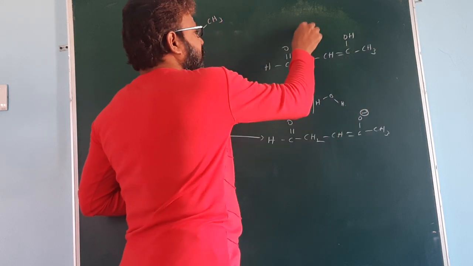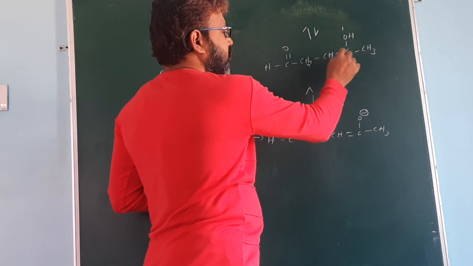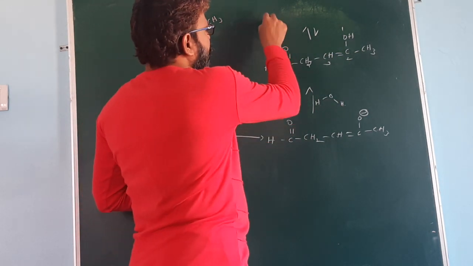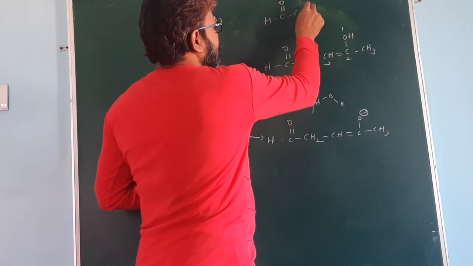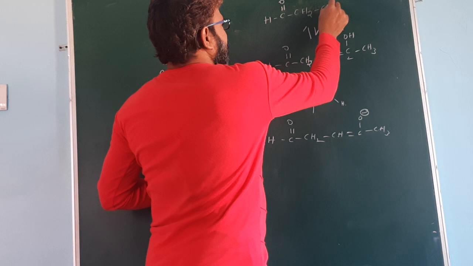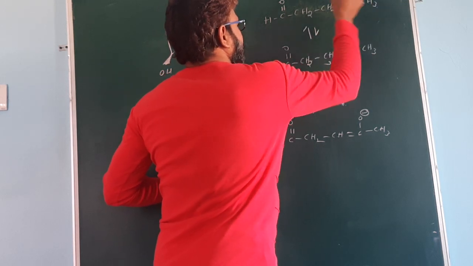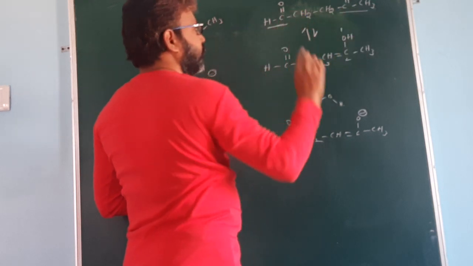It can exhibit keto-enol tautomerism. So a 1,3 shift takes place. Keto-enol tautomerism. We get HC double bond O CH2 CH2 C double bond O CH3. So it is a keto group, it is an aldehyde group.